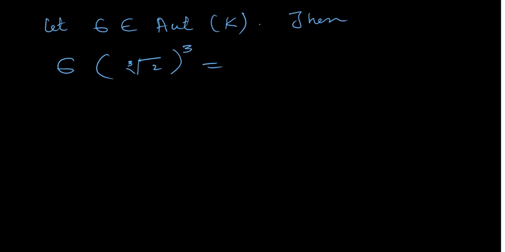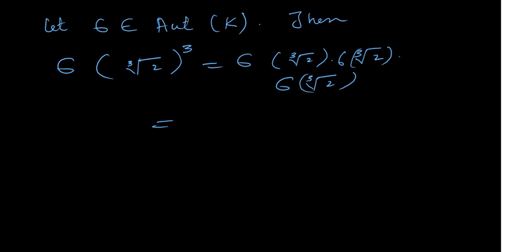By applying the automorphism, it is equal to sigma of cube root of 2 times sigma of cube root of 2 times sigma of cube root of 2, three times, and this is equal to sigma of cube root of 2 cubed.